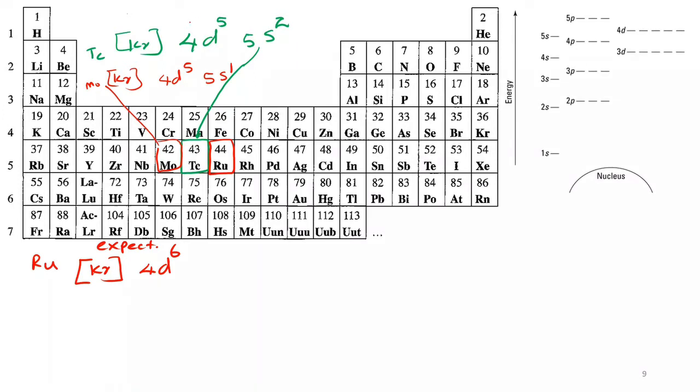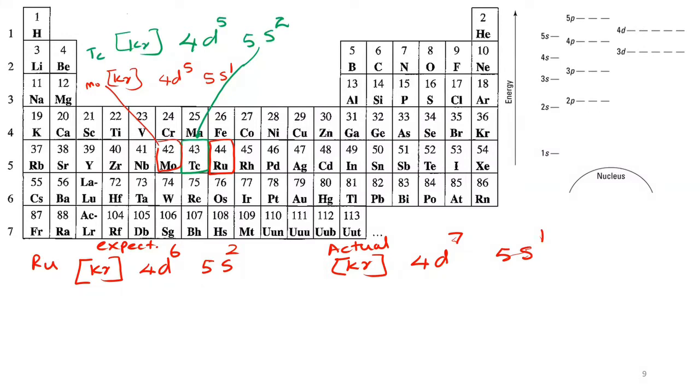So whatever the additional electron, you will expect to put it in the d orbital. So 4d6 and 5s2, that is what you would expect, but the actual is the krypton core. You will have 4d7 and 5s1.